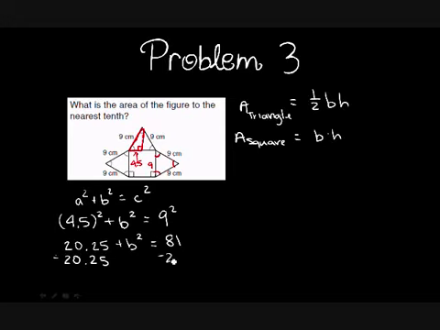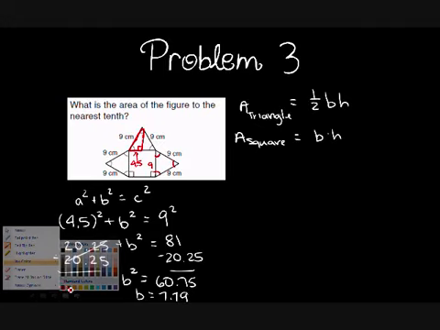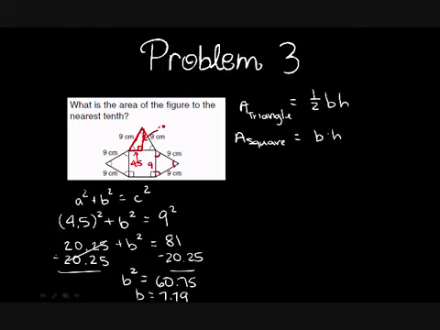So we have b squared equals 60.75. And then our last step, of course, is to take the square root so that we can get b by itself. And we would get 7.79. So that means that the height of this triangle is 7.79 centimeters.